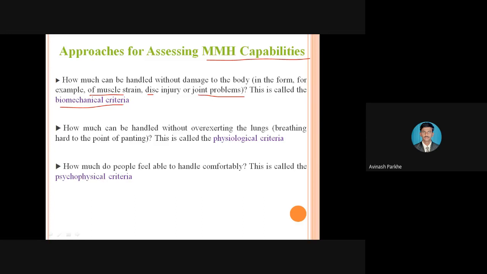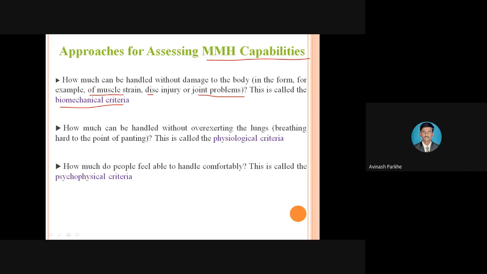Weight of the operator is 60 kg and the weight of the component is 30 kg, so he can easily handle it without any pain. Sometimes there may be pain in his hand, maybe in his leg also. But if the weight of that component is very high as compared to the weight of that operator, at that time there may be a possibility of strain to that operator. There may be a possibility of some injuries to the hand or the leg.